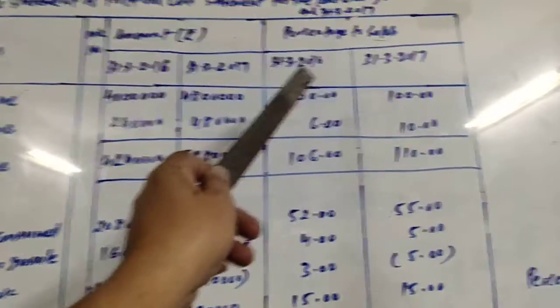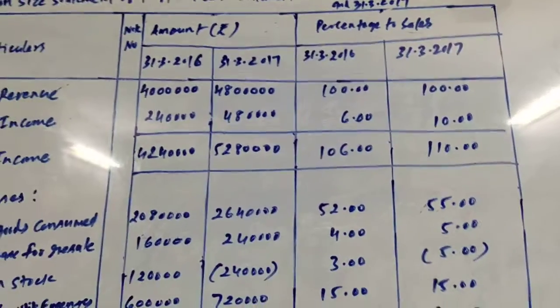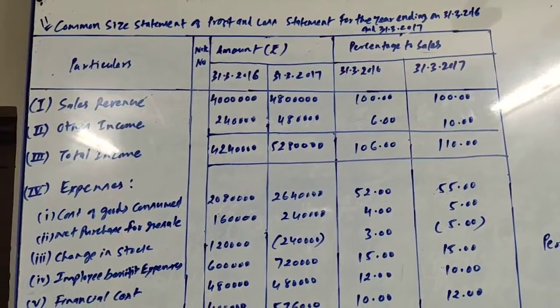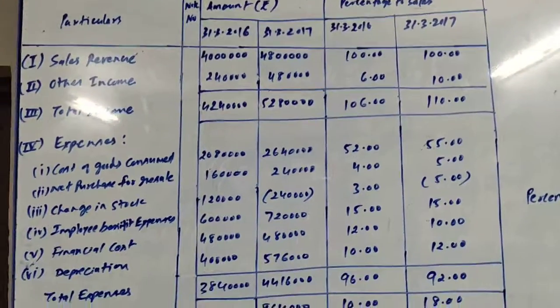Or else you may total here: 100 plus 6 is 106, and 100 plus 10 is 110. Okay, so this is how sales and other incomes total is done.